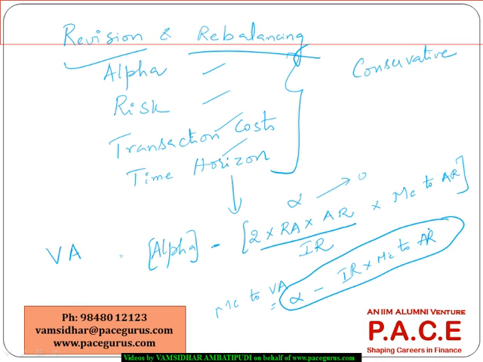Typically when I am talking about a no trade range, if the marginal contribution to this value addition is lying between the cost of selling and the cost of purchase, this is what we call the no trade range.